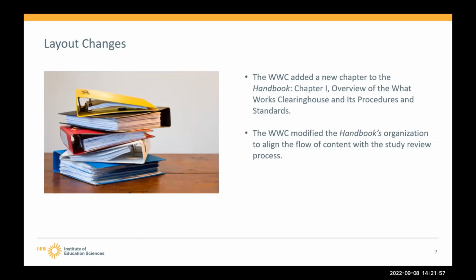The remainder of the handbook is aimed at technical audiences, WWC reviewers in particular. The organization aligns with the study review process. So what I mean by that is, for instance, a reviewer first needs to decide if a study is eligible for a WWC review, so this information is presented first. Next, a reviewer needs to decide if a study has at least one outcome that meets WWC standards, so this is presented second, and so on and so on.